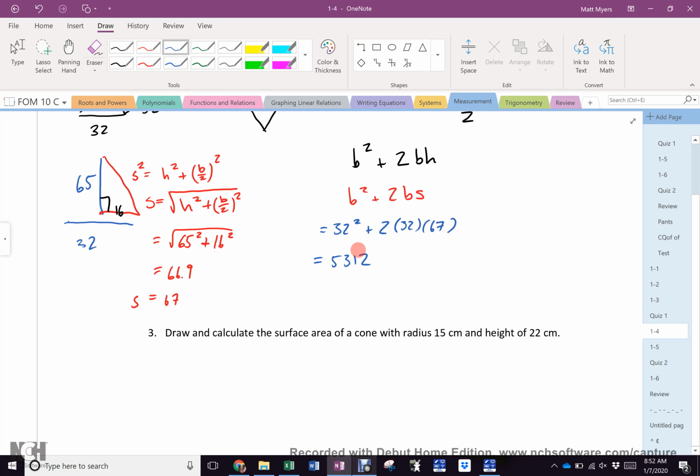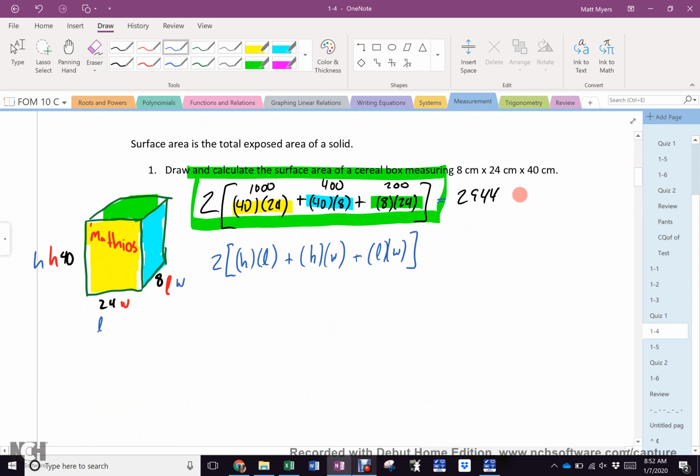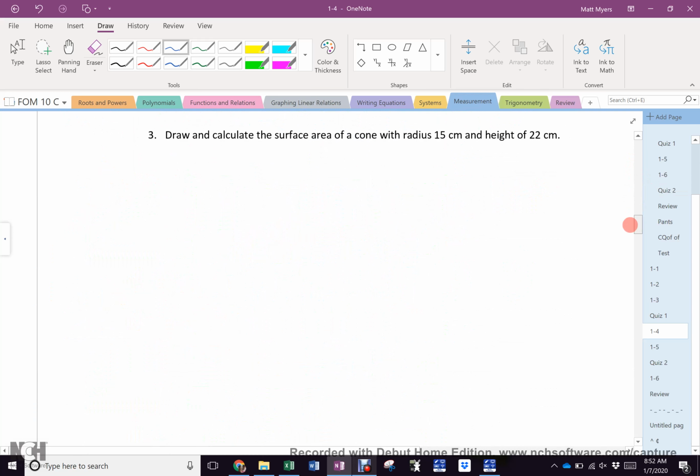The object has 3 dimensions, but how many dimensions does an area have ever? 2. Length and width, right? So this is going to be feet what? Squared. The prism is going to be centimeters what? Squared, because there's only 2 units.